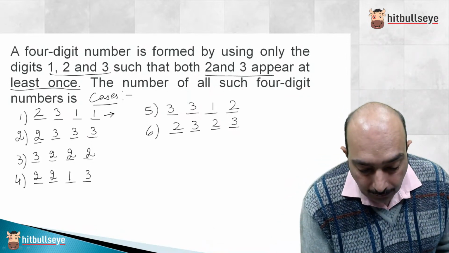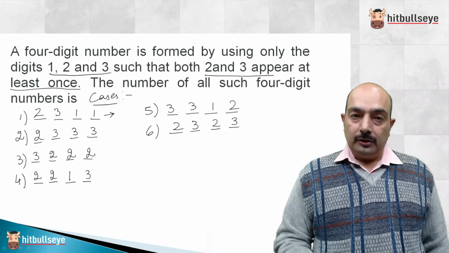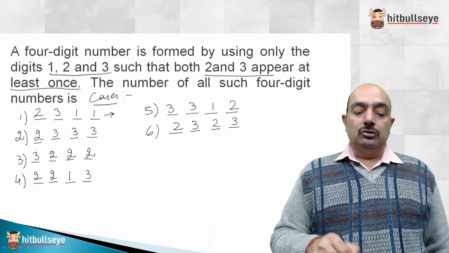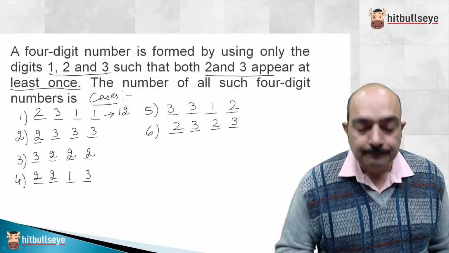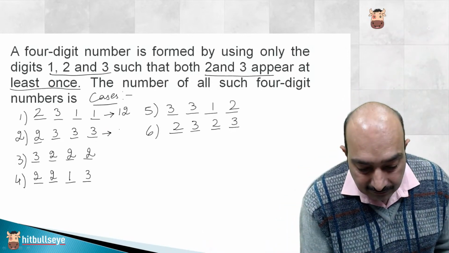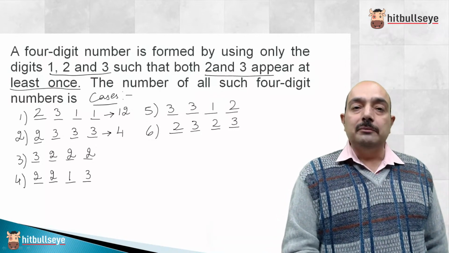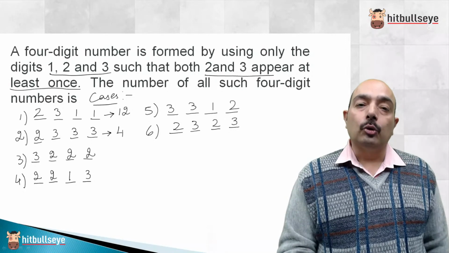So how many numbers? You can say these are 4, so 4 factorial total, upon 2 factorial because 1 is coming 2 times. That will give us 12. Next case, we have 4 cases, very simple to observe. Can I say this 2 can move to the second blank, or the third or fourth?